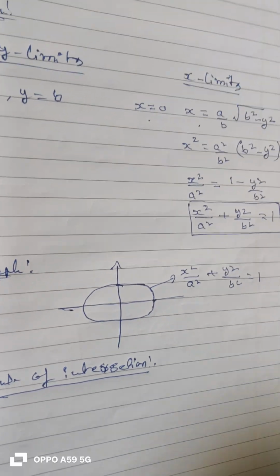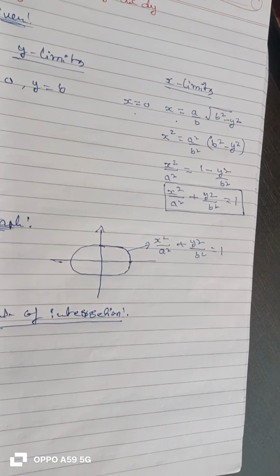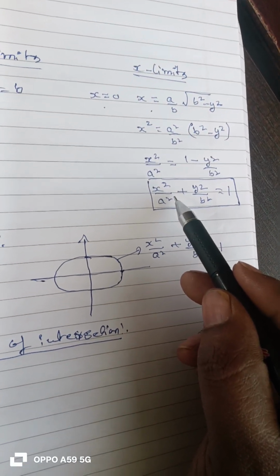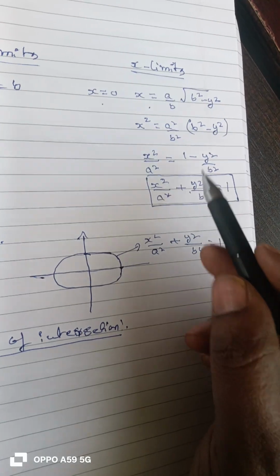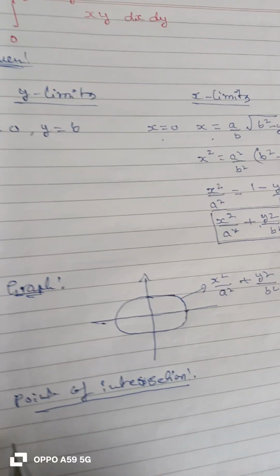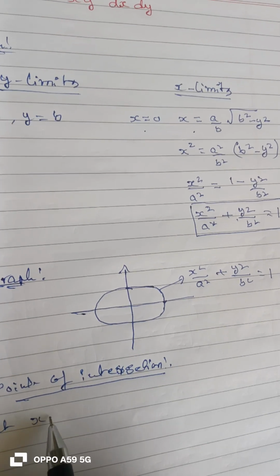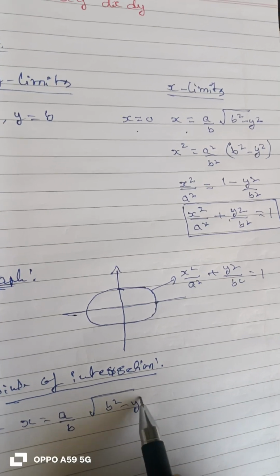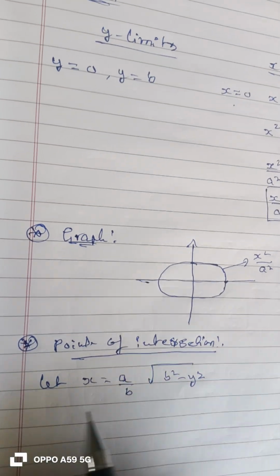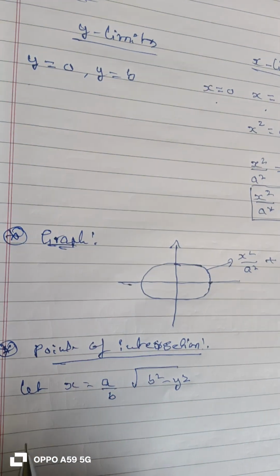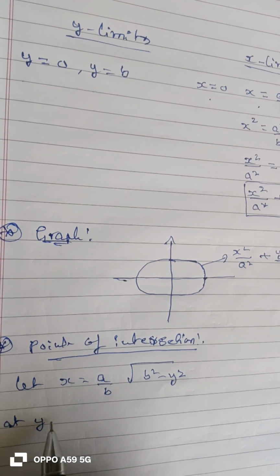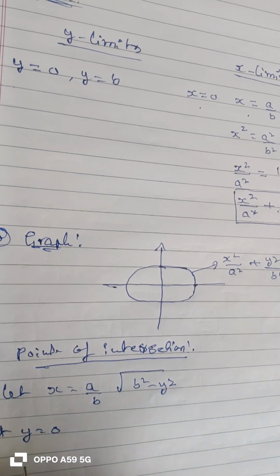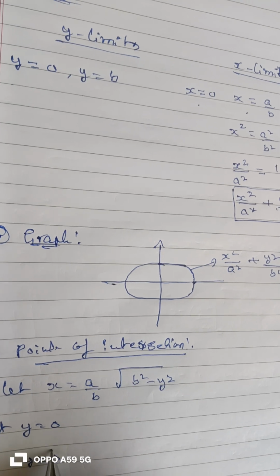To find out the point of intersection, as we know the procedure, we have to take the variable curve. So let x is equal to a by b square root of b square minus y square. Here for the constant limits, if I substitute y is equal to 0 and one more at y is equal to b.